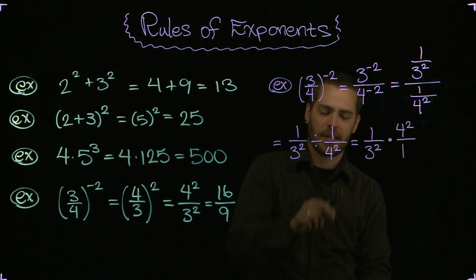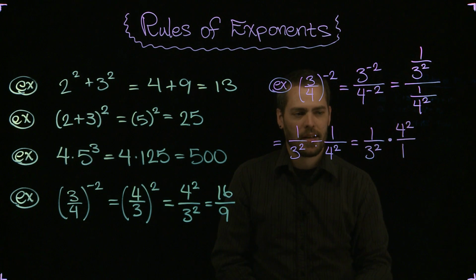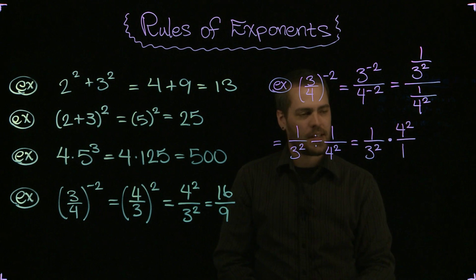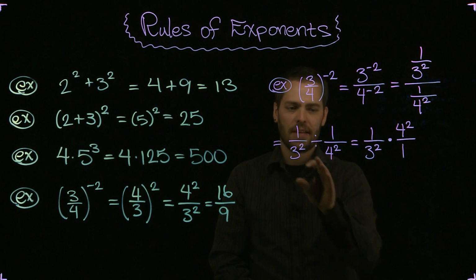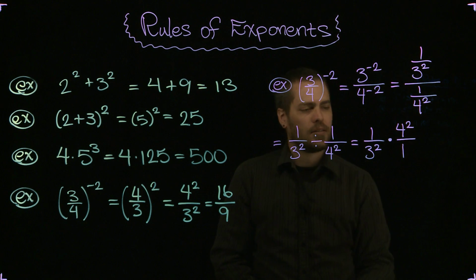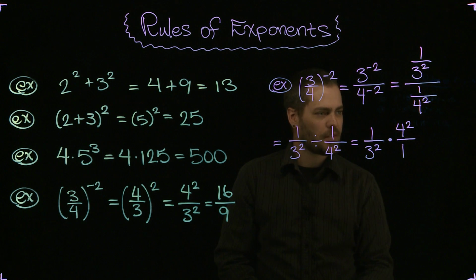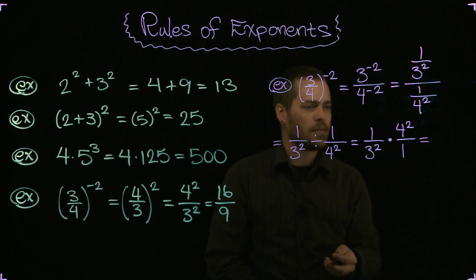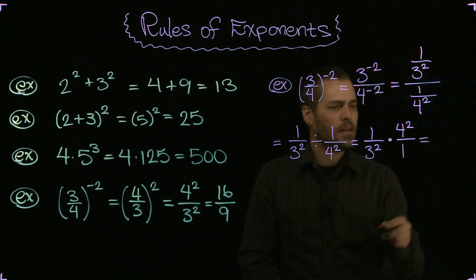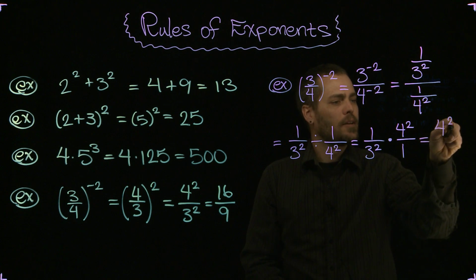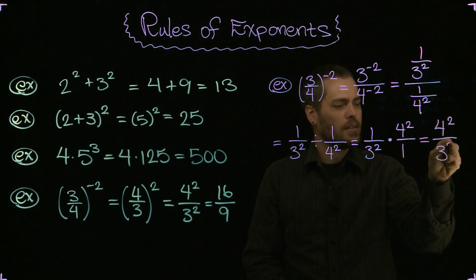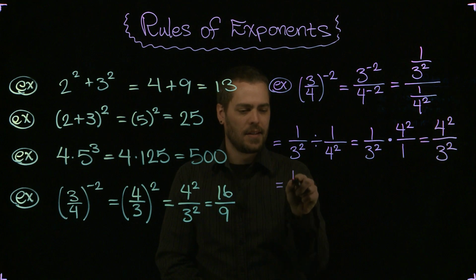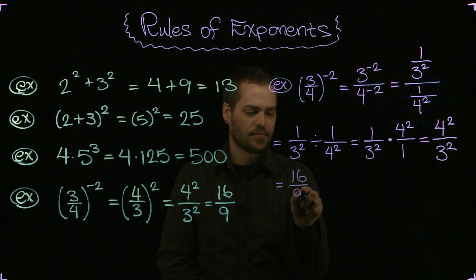Remember that dividing fractions is the same thing as taking the first one and multiplying by the reciprocal of the other one. I remember a little phrase, copy flip, and this can be shown easily from here, and take some time to prove that if you'd like, just because it's fun to prove things, especially when you're doing nothing except watching TV, which is really not good for your brain. Okay, so how about 4 squared over 3 squared? Yeah, maybe some TV is okay, I don't know. And in the end, that gives you 16/9.